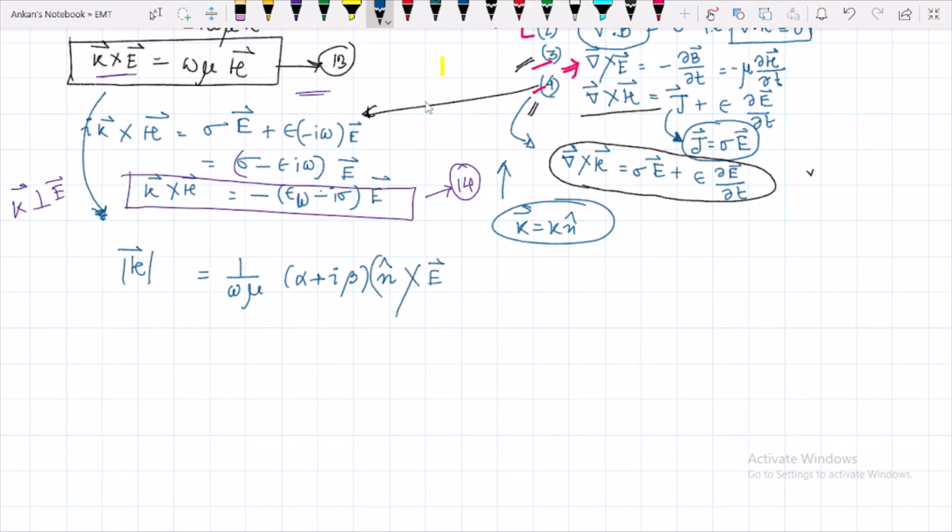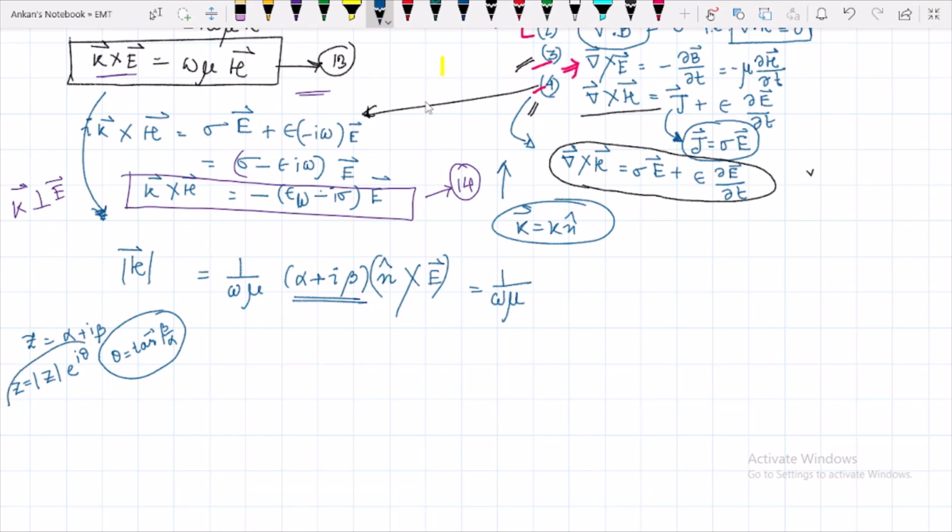So 1 by omega mu, and any complex number z equal to alpha plus i beta, you can also express this as exponential i theta, where theta is tan inverse beta by alpha.